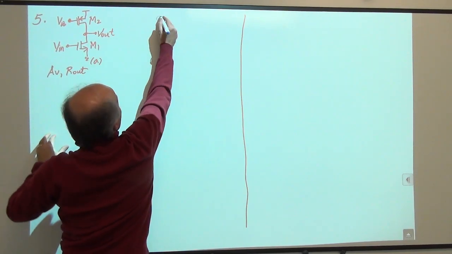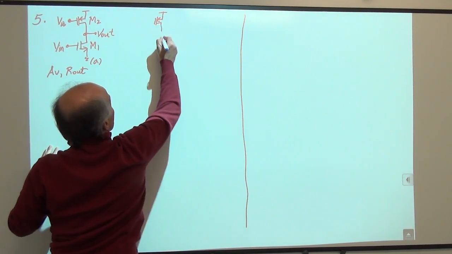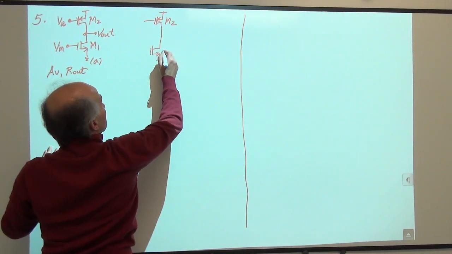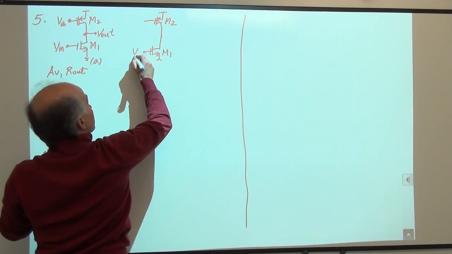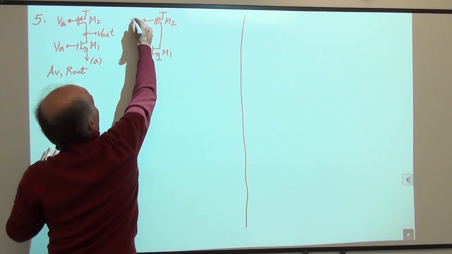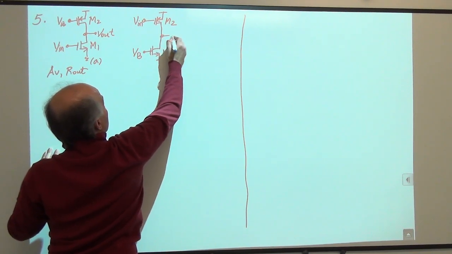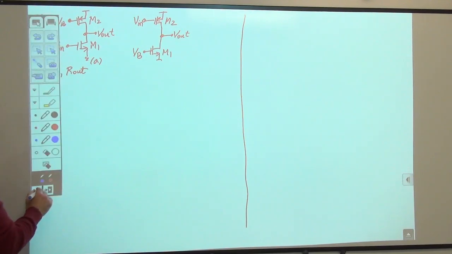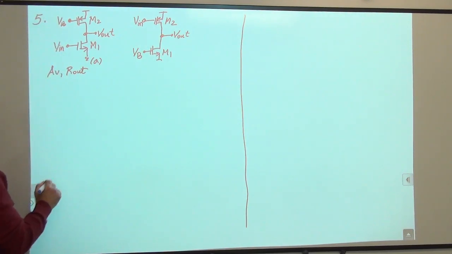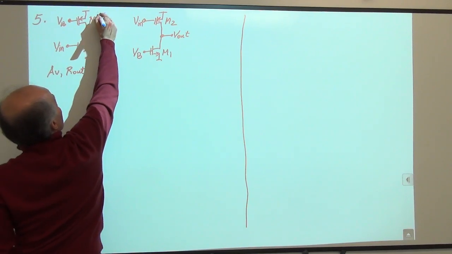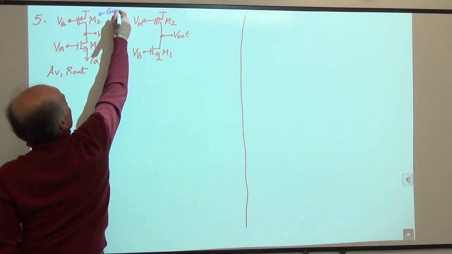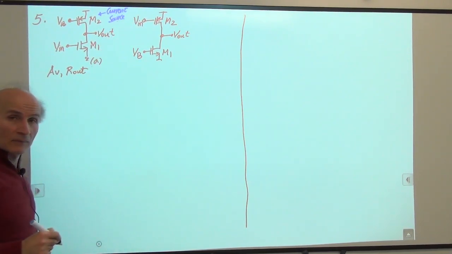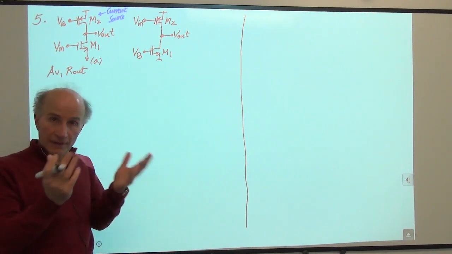And for part B, we have the same topology. So M2 here, M1 here. And this time we have a bias voltage here, and our input goes here, and our output is the same here. So I can add a little note to make things a little clearer. In this case, M2 is acting as a current source. It's just bias, acting as a current source in saturation.